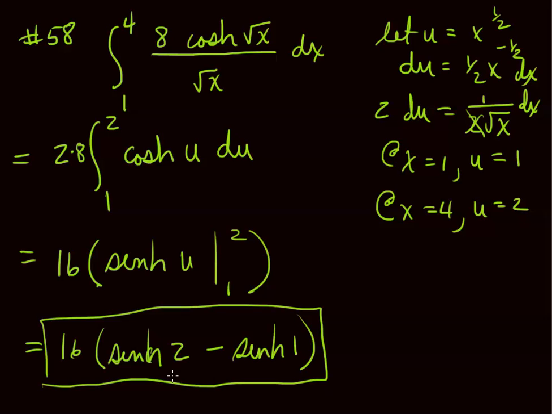How about number 74? Let's change colors. We want to evaluate this 2 different ways. The first way is with inverse trig functions, and write your answer with an inverse trig.